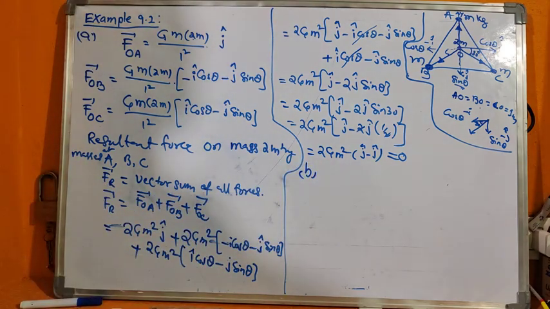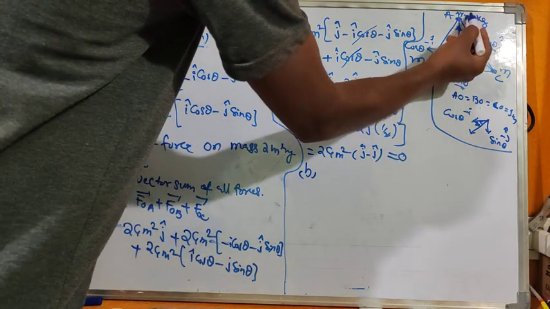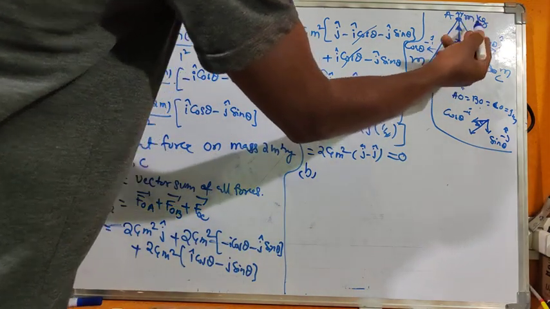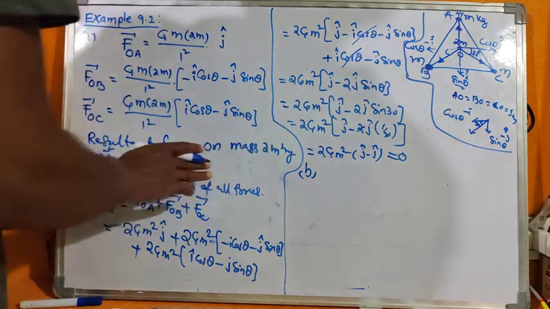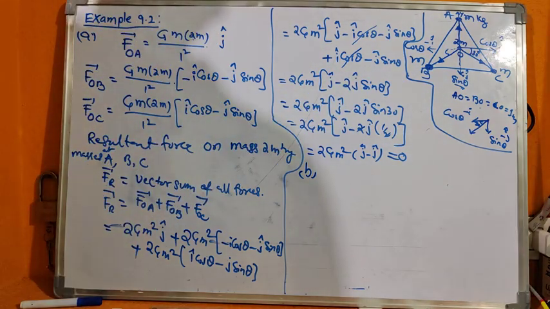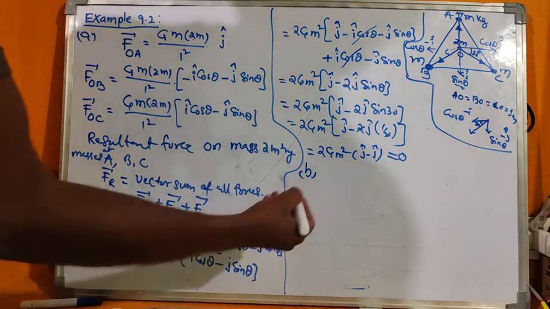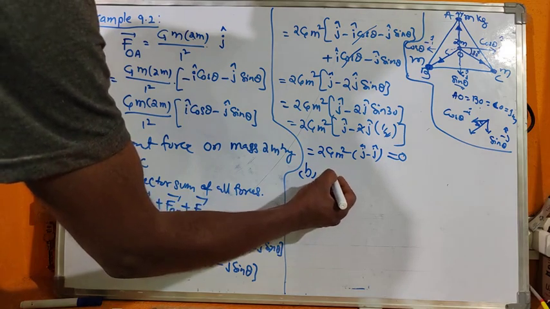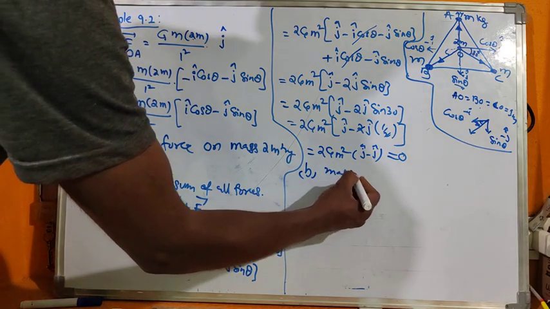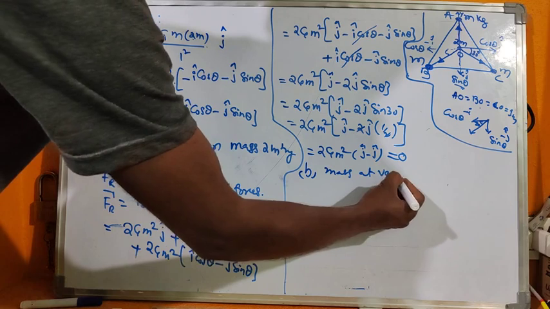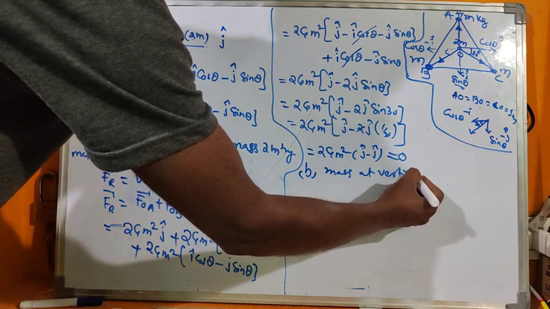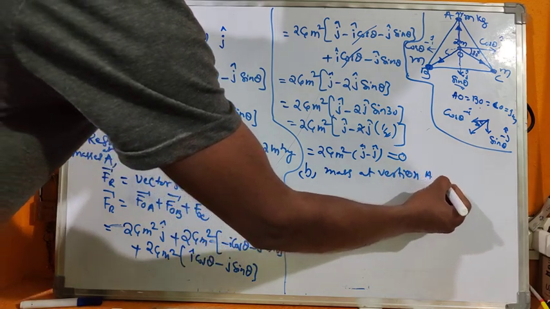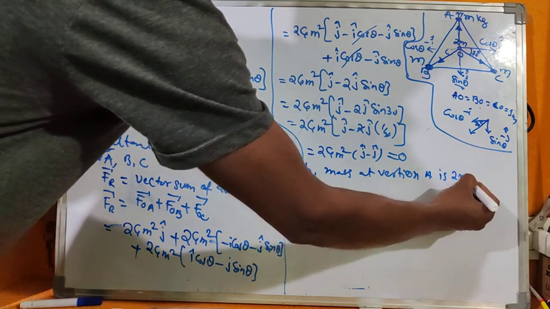If the mass at the vertex A is doubled, what is the force? Now in place of this mass we are keeping a 2m mass, and the remaining is all the same. So mass at vertex A is 2m.